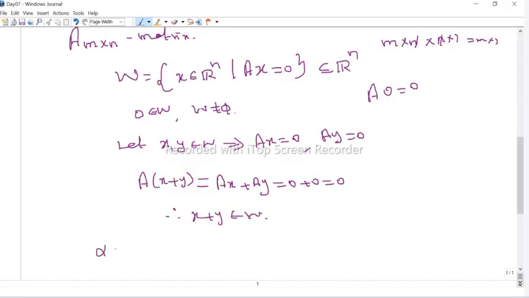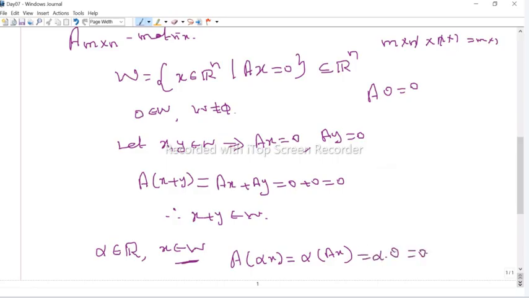And now suppose we take some scalar alpha in the real numbers R and an element x in W. We have to show that alpha x is also a solution. That means we have to show that A times alpha x equals 0. But alpha is a scalar, so I can take it outside, giving alpha times Ax. Since x is an element of W, Ax equals 0, and alpha times 0 is 0.